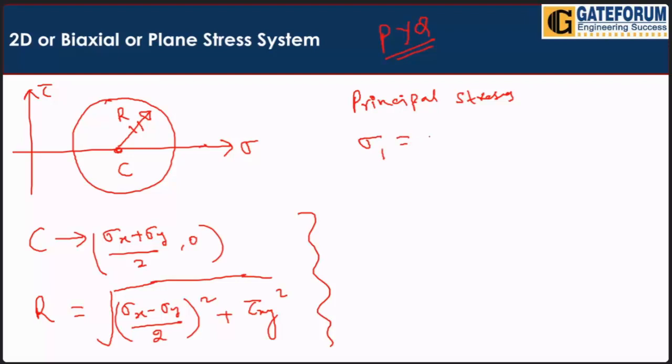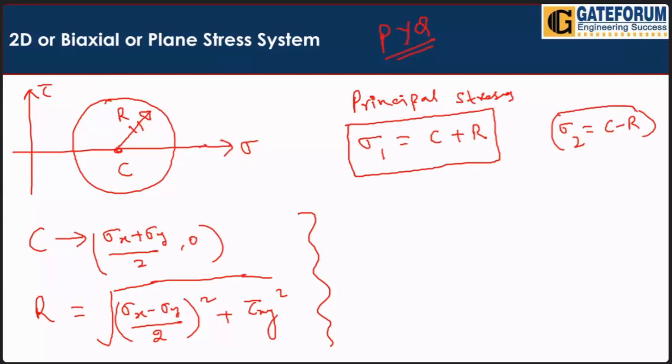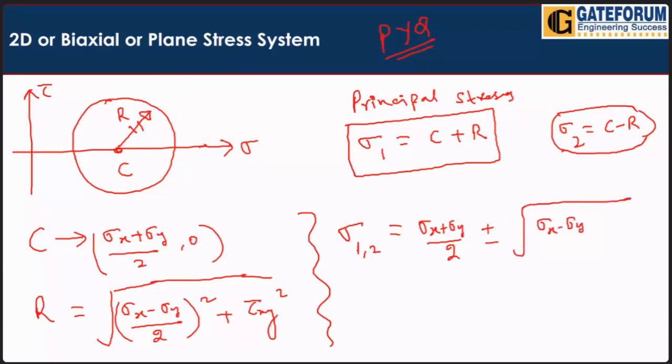Sigma 1 is the center plus the radius and sigma 2 is the center minus the radius. So if somebody asks you to write the value of sigma 1, 2, you can write it in one formula: sigma 1, 2 equals (sigma x plus sigma y) divided by 2, plus or minus, the square root of (sigma x minus sigma y divided by 2) squared plus tau xy squared. Plus sign for sigma 1, minus sign for sigma 2.